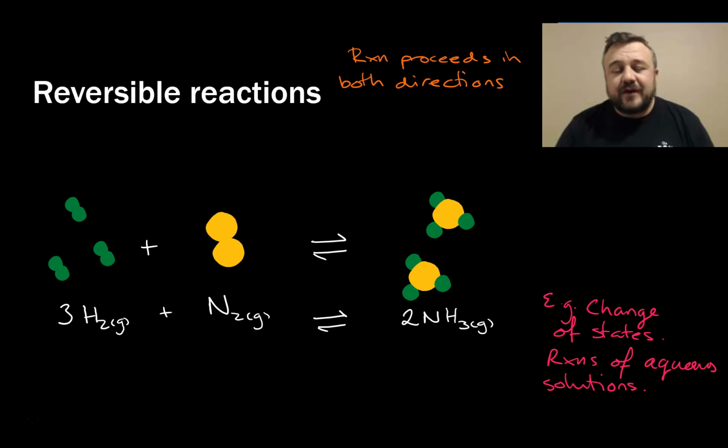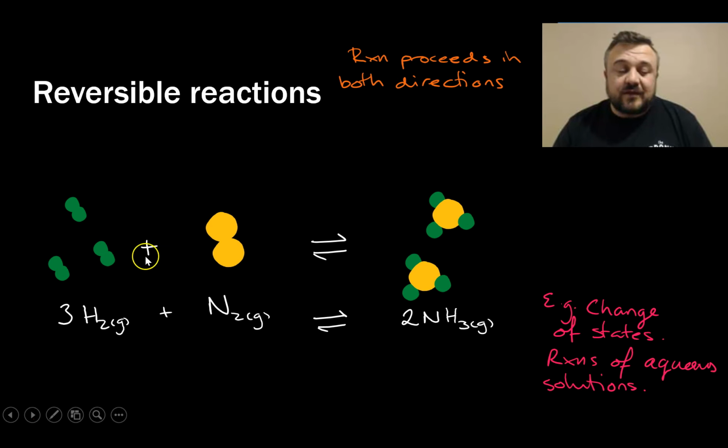So a reversible reaction. We're going to start here with our Haber process, where we've got 3 hydrogens plus 1 nitrogen molecule turns into 2 ammonia molecules. Now, one of the things we need to know about reversible reactions to start off with is that they proceed in both directions. So the reaction is moving forward in this way.